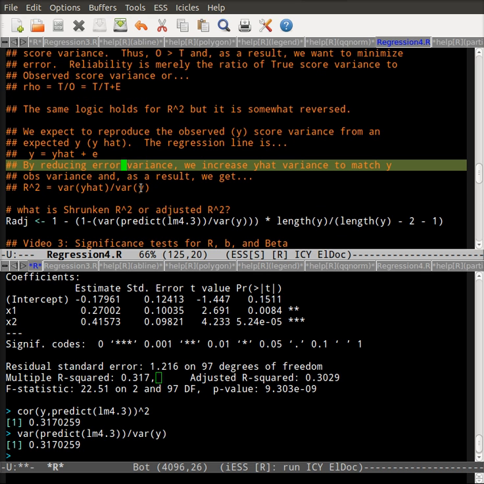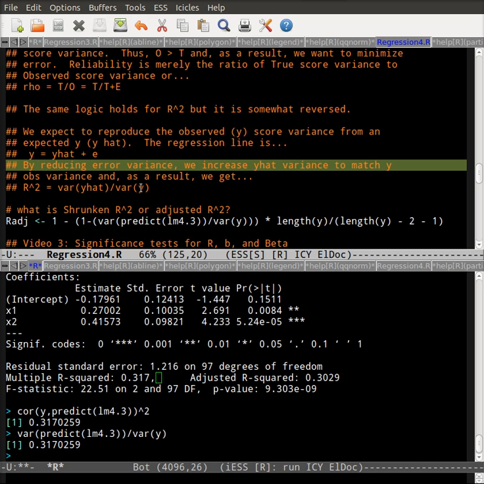We expect to reproduce the observed score variance from an expected score. So we have observed score and expected y; we have y and y hat. The regression line that we often fit, the simple one, is y equals y hat plus error, where y hat is our deterministic model.